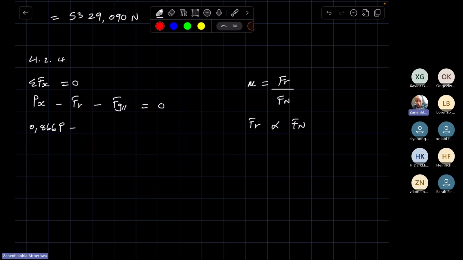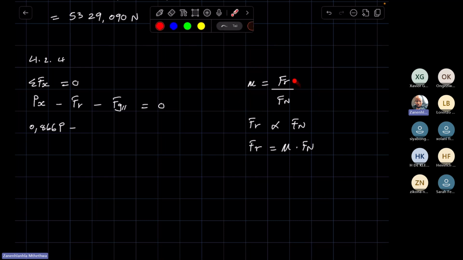In getting rid of the proportionality sign and replacing it with an equals sign, you introduce a constant, and that constant becomes the coefficient of friction times the normal force.